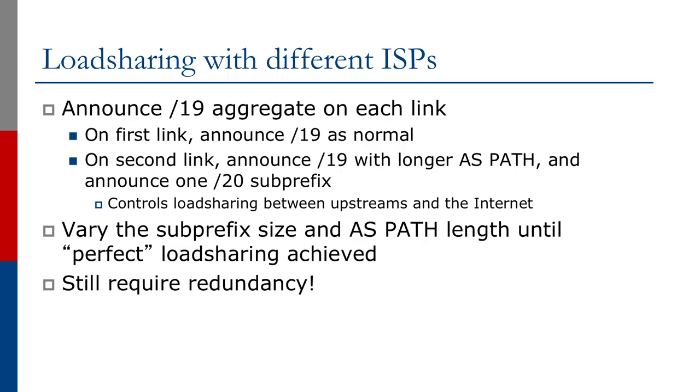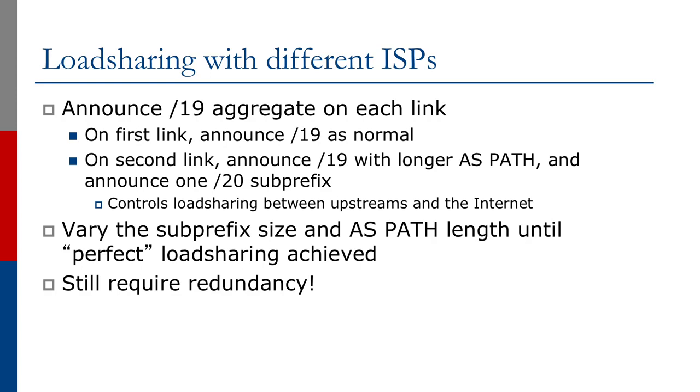So if you think about it, we now have two things we can adjust. We can adjust the size of the sub-prefix we're announcing to AS120. We can start with /20 and see what we need to do. And we can change the length of the AS path of the /19 aggregate towards AS120, again, to suit the level of traffic.